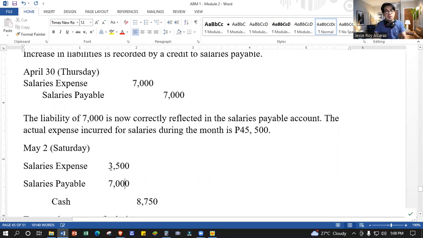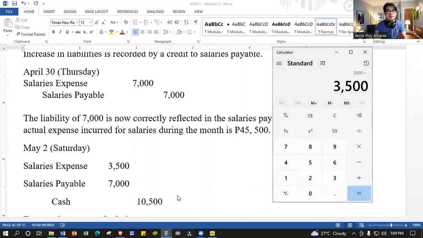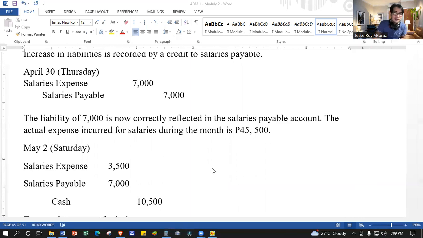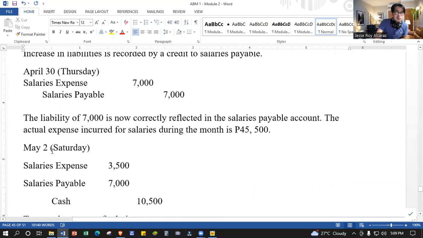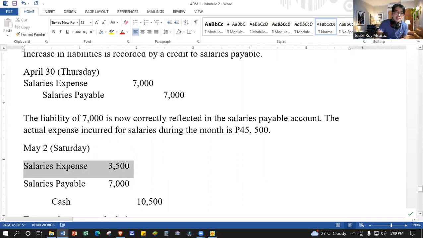On May 2, we will now be recording another set of salaries expense. 3,500 plus 7,000. On May 2, which is the sixth day of their work week, we record salaries expense.